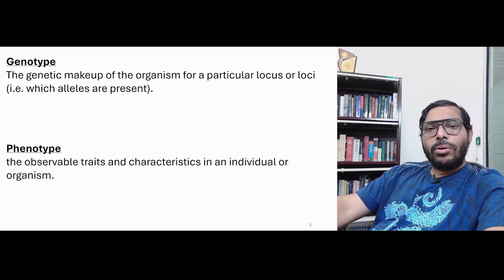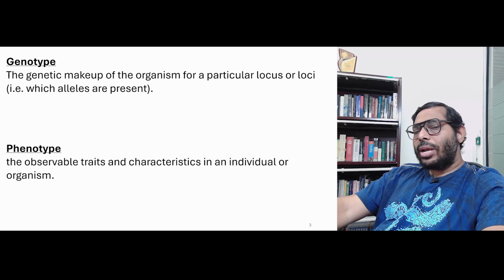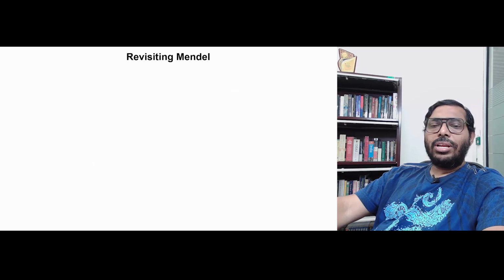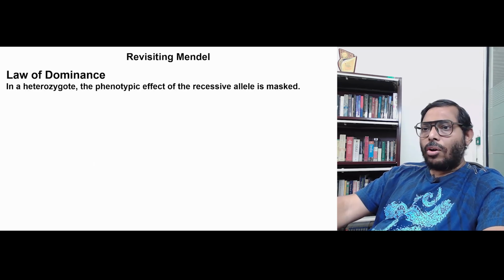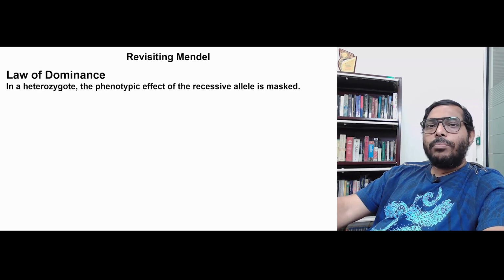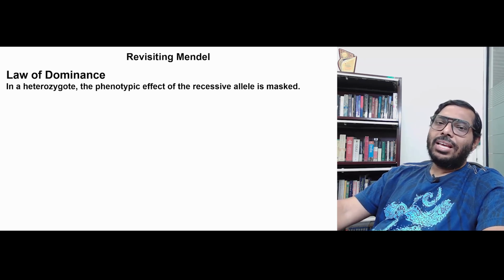So, before we go ahead, we need to quickly have a look at what exactly Mendel had said. If you look at Mendel's three laws, the first law is the law of dominance, which says that in a heterozygote, the phenotypic effect of the recessive allele is masked.